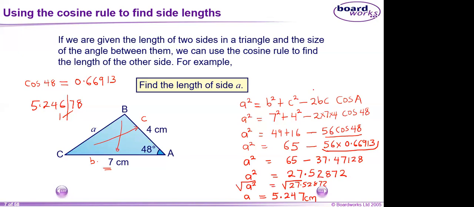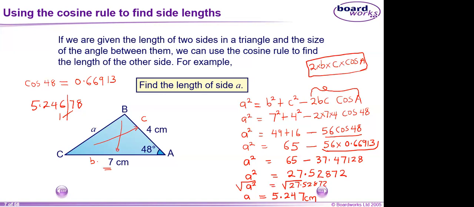Okay, the person asking, this is a multiplication. That's what I'm seeing in the chat. Now this is a multiplication. It's like you're multiplying 2 times B times C times cos of A. So this is one thing, and when you are treating it, you treat it as one thing.